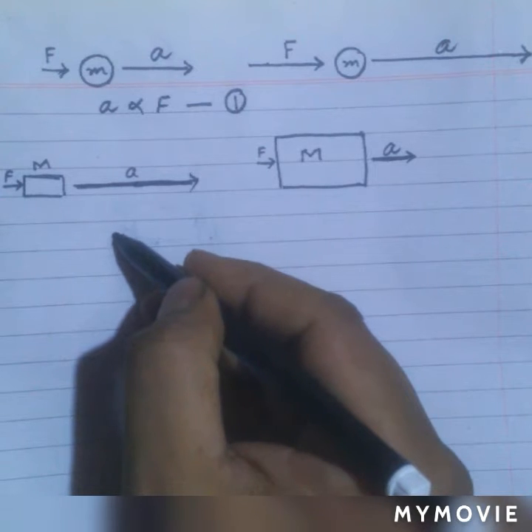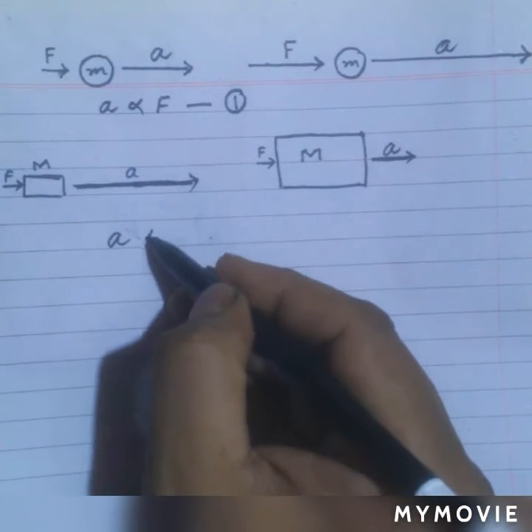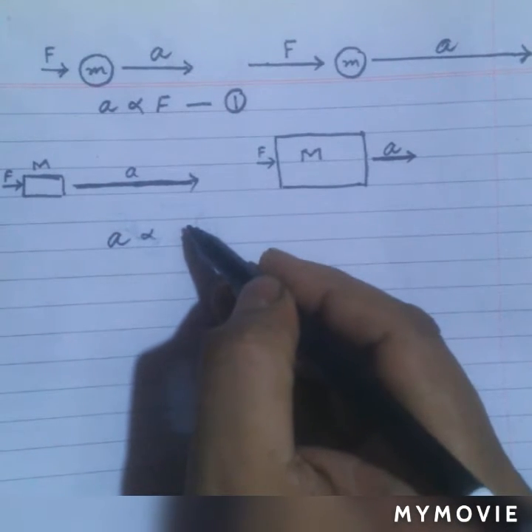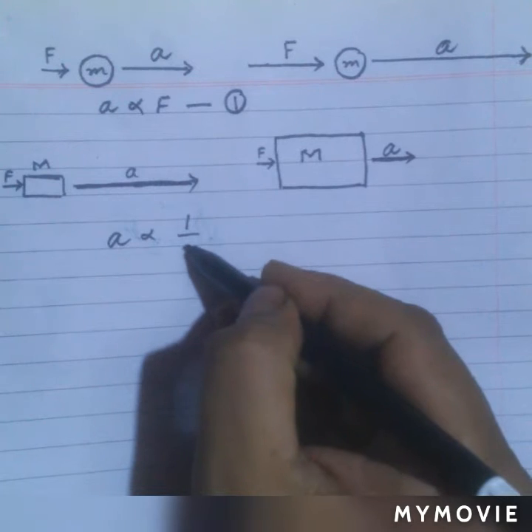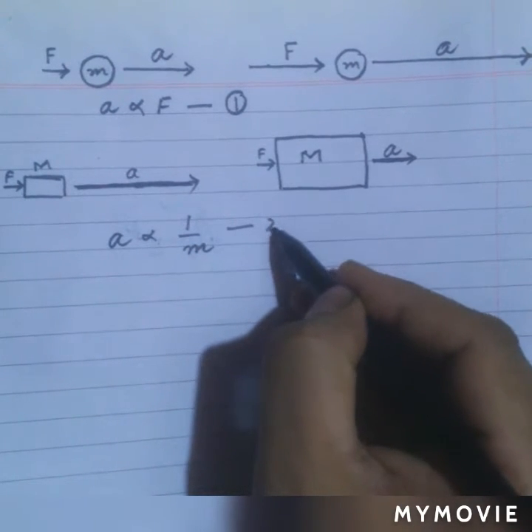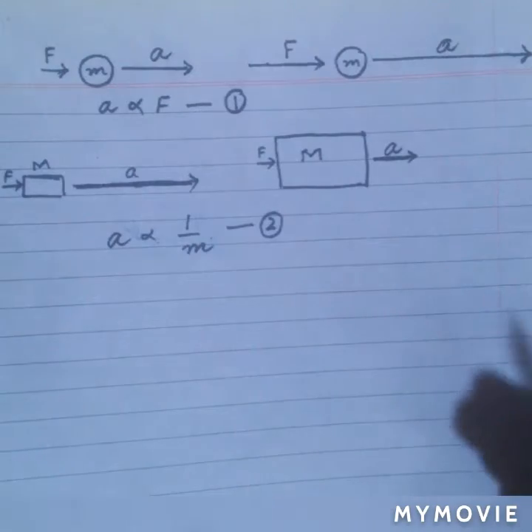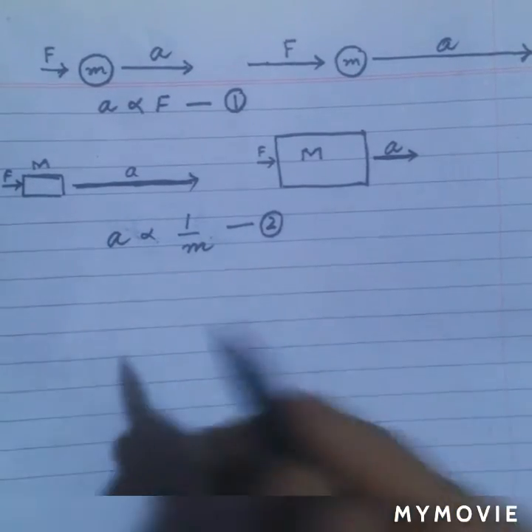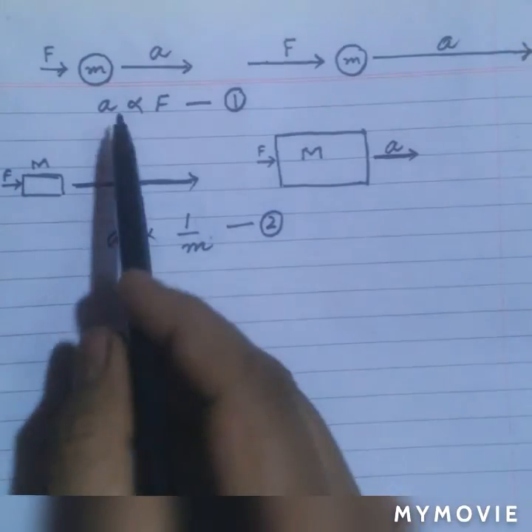So this part can be expressed in this way, that acceleration produced in an object depends inversely on the mass of the object. This can be taken as the second equation for this particular scenario.